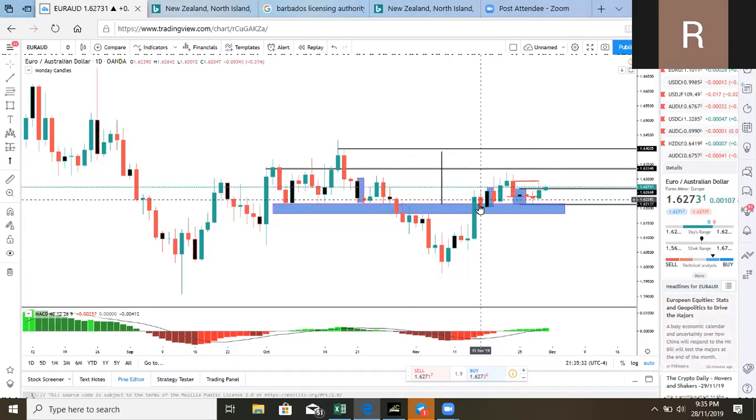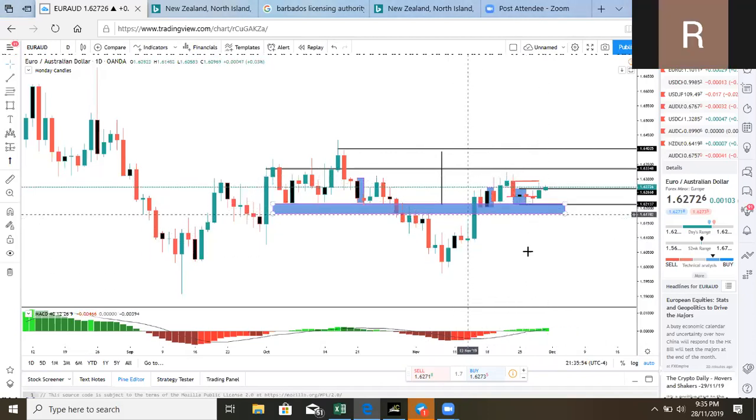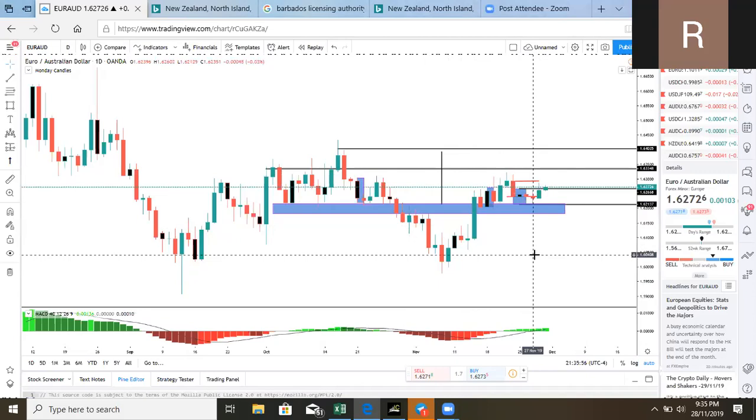Don't forget the daily flag. 1, 2, 3, 4, 5, 6, 7, 8, 9, 10, 11. Oh my gosh, almost 2 weeks. A long flag, almost 2 weeks of flag.